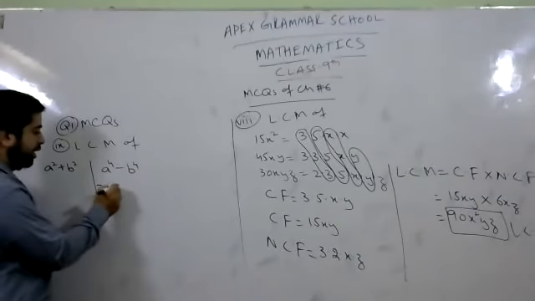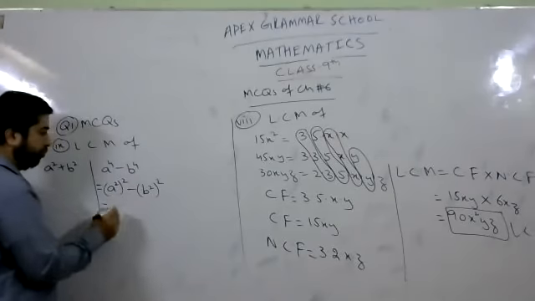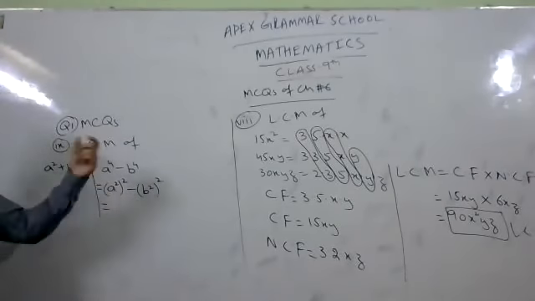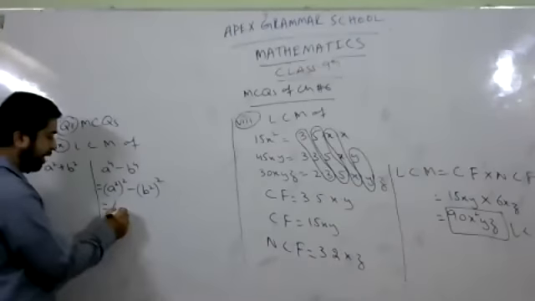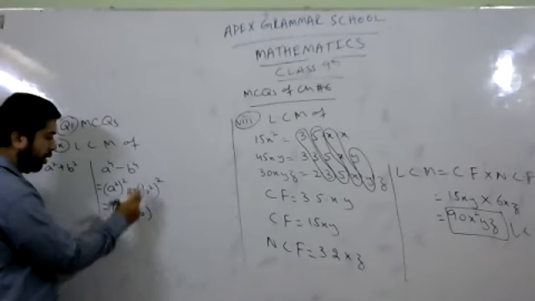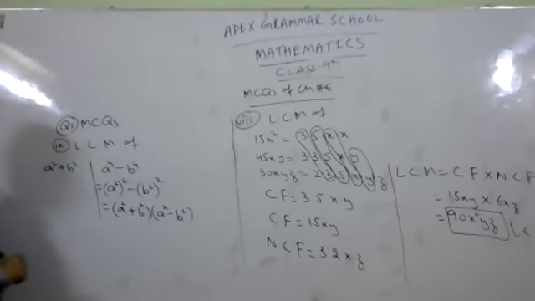We can write it as (A square) square minus (B square) square. So open it just like A square minus B square: (A square plus B square) into (A square minus B square).